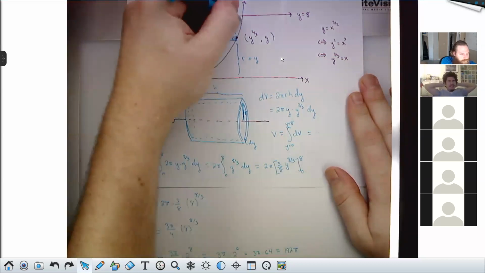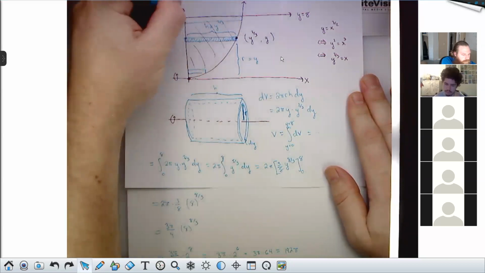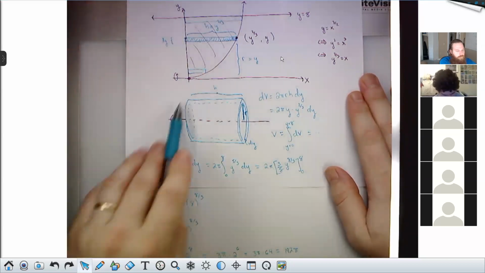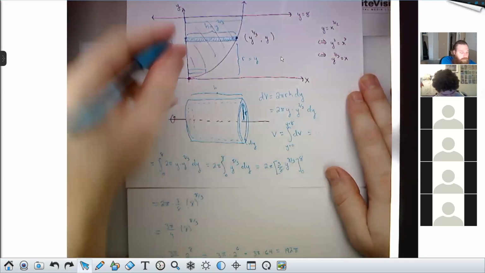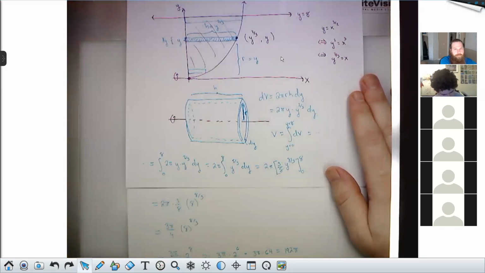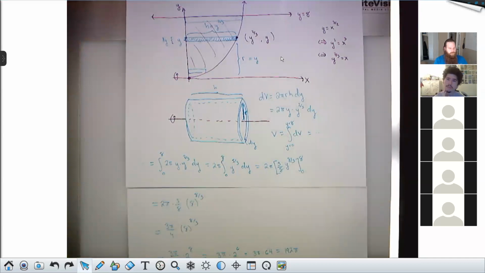And I imagine that that strip could be all the way up here. And for each of those locations, I get a different kind of cylindrical shell. So I need the formula for the volume of this shell as a function of the y value where the strip is located. Does that make sense? Yeah, that makes sense.